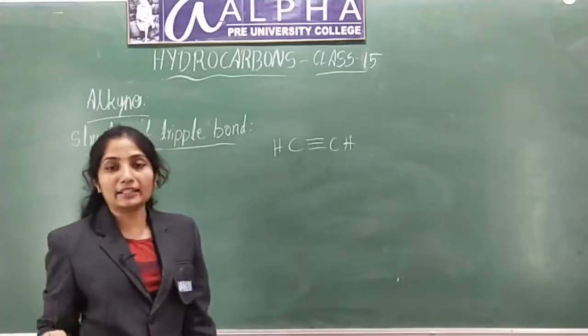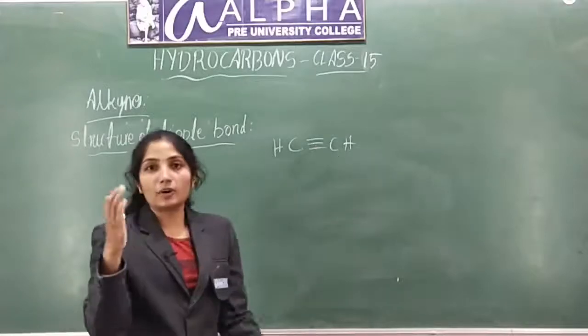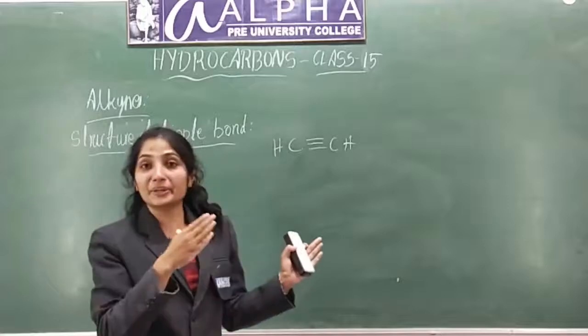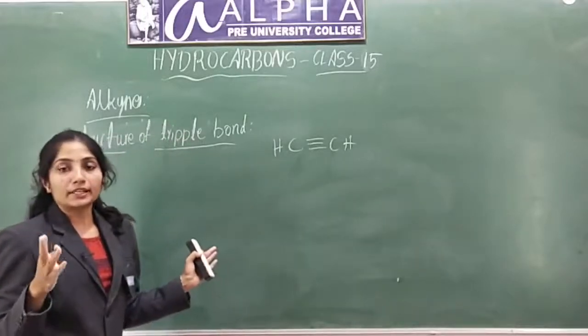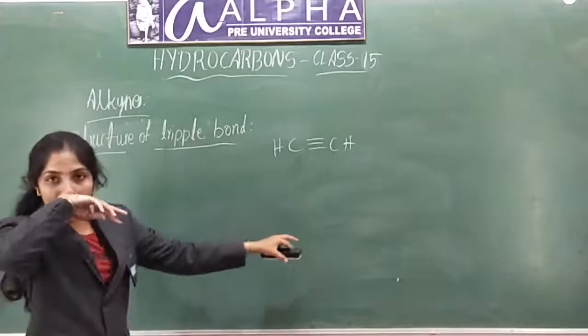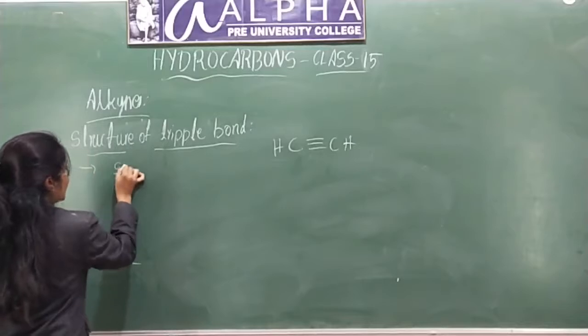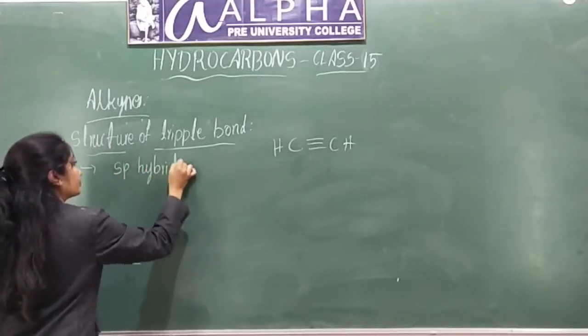In all the alkynes, the carbon atoms joined through a triple bond will be sp hybridized. The carbon atoms in alkynes are sp hybridized. They undergo sp hybridization.